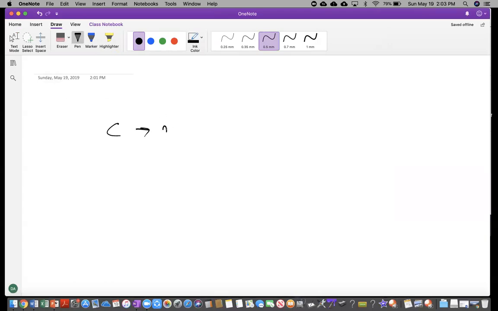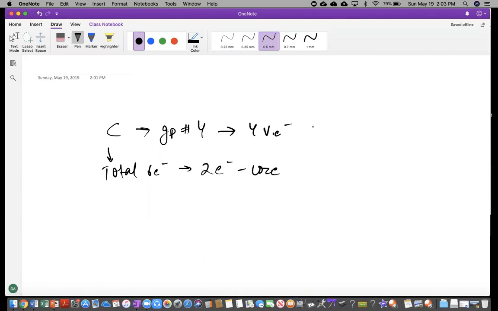It's group number 4, and that's how we know this guy has 4 valence electrons. Carbon has a total of 6 electrons, so the remaining 2 electrons are the core electrons. That's what you should be expecting.